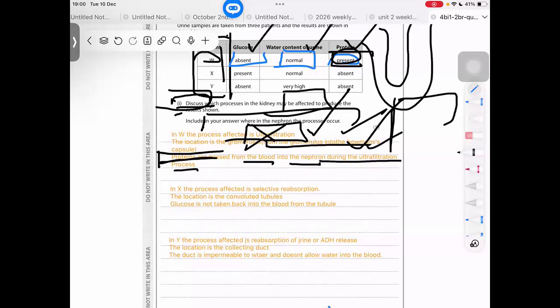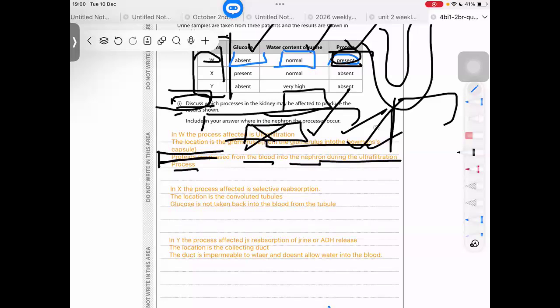I also have a question. Yes, ask me. You said that when you're writing the location where there's a defect, it's the glomerulus into the Bowman's capsule.